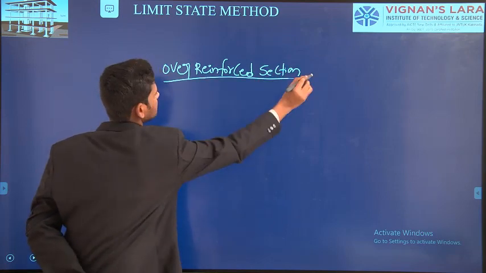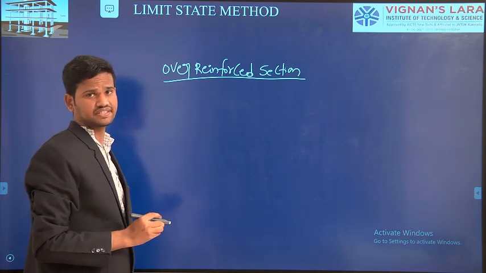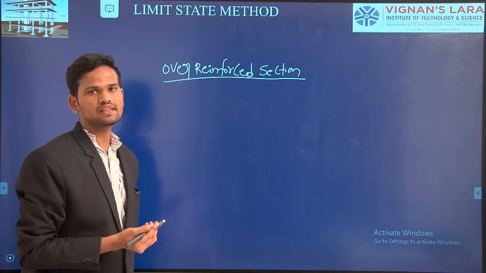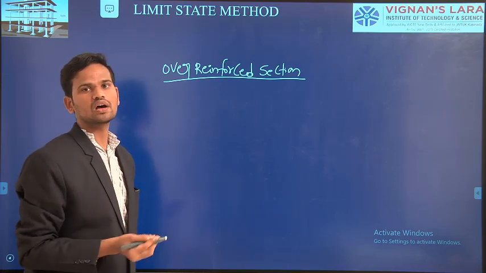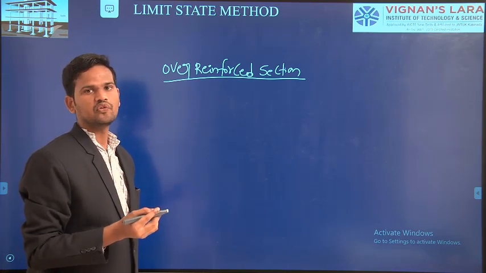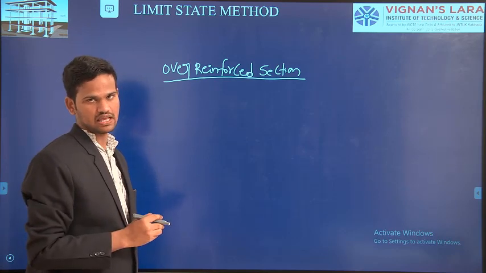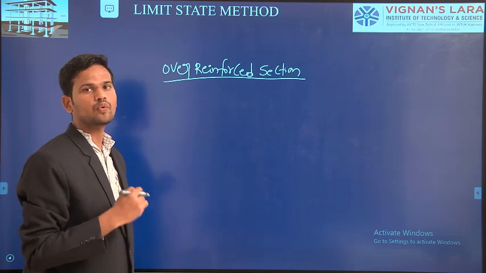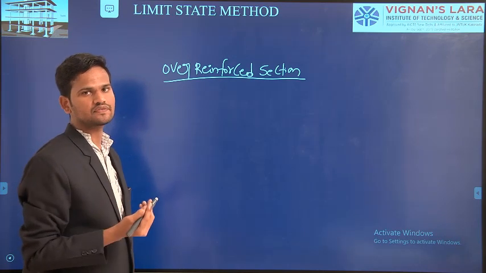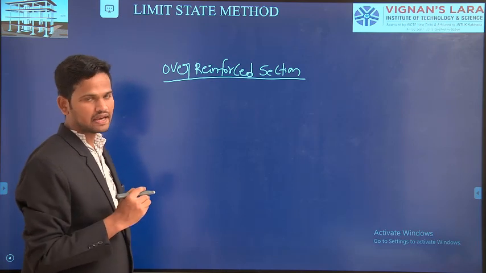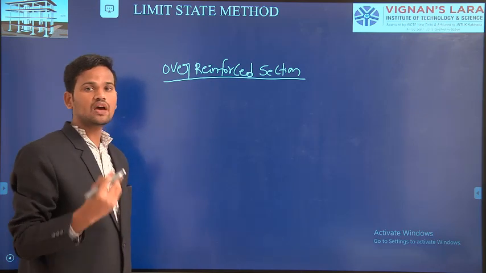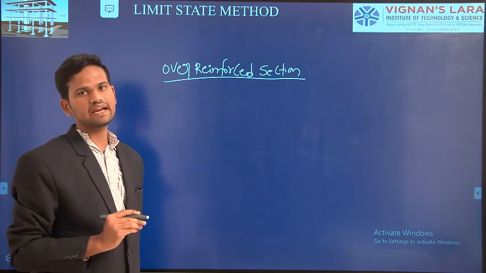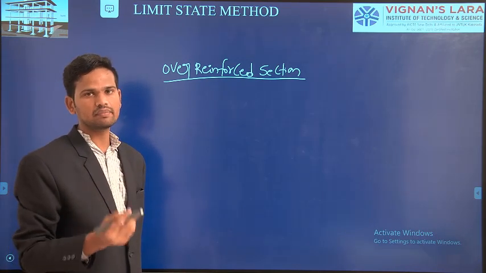Over reinforced section is the type of section in which we are providing the maximum amount of steel compared to the balanced section. Due to this provision of the maximum amount of steel, the area of concrete gets reduced, or the area of concrete will be less.